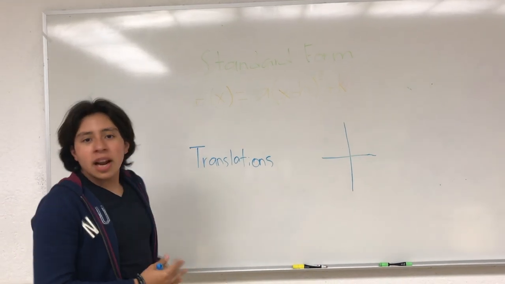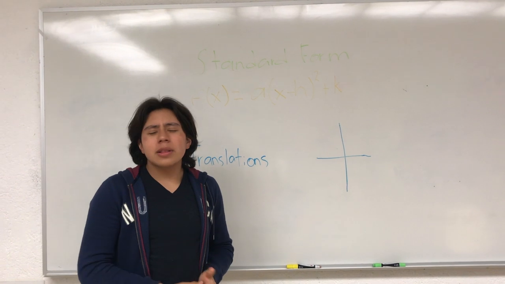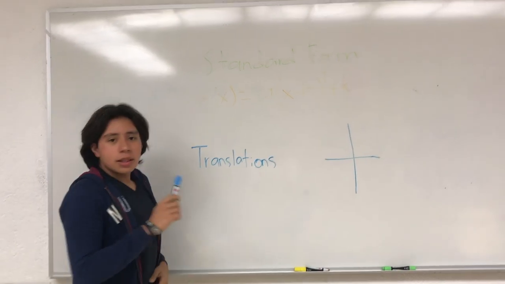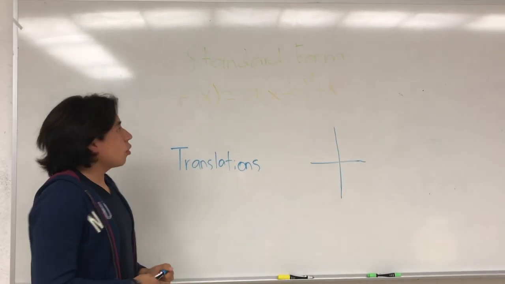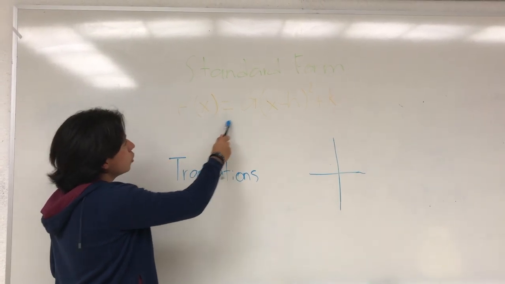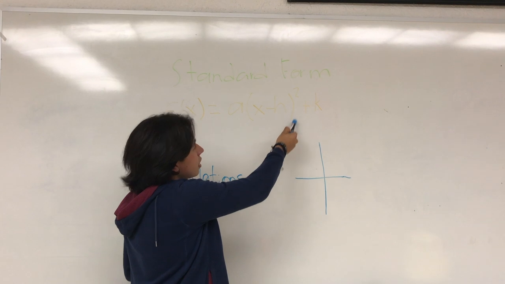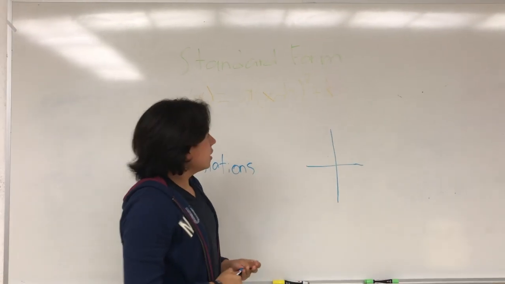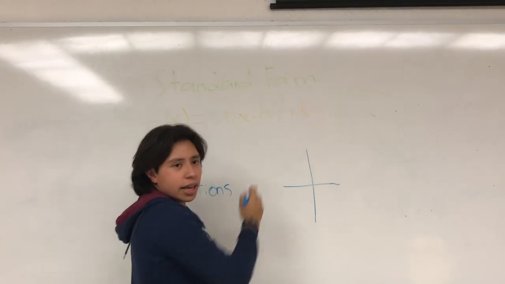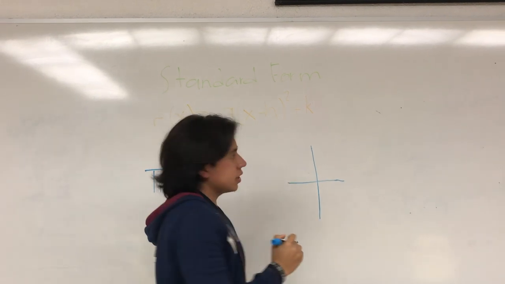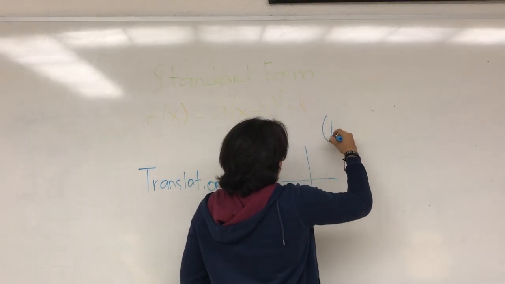Vertex form, which is another way to write quadratic equations. The formula is f of x is equal to a times the quantity x minus h, squared, plus k. In this case, h and k are the vertex, which is written this way.